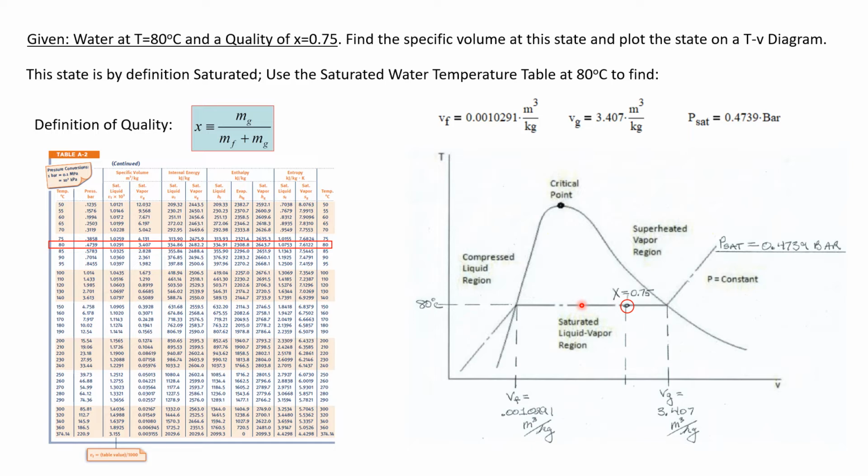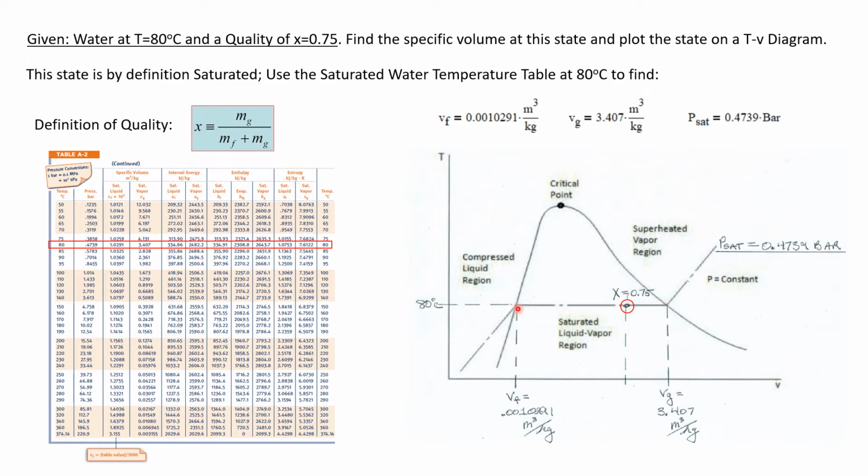In the center of the vapor dome on this line, the temperature is 80 degrees C and the pressure is 0.4739 bar. Now if I come all the way over here to the saturated vapor, the temperature is still 80 degrees C and the saturation pressure is still 0.4739 bar.